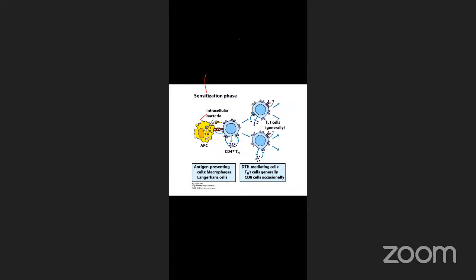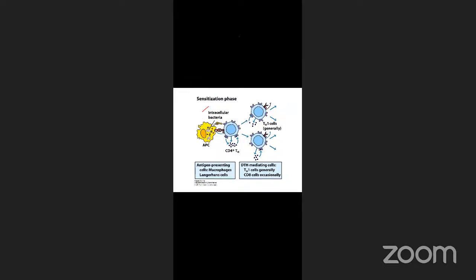Okay, sensitization phase. What happens? The antigen presenting cells, macrophages, Langerhans cells, sometimes B cells also, and this MHC molecule and CD4 make contact, and there is another receptor communication and cytokines communication.